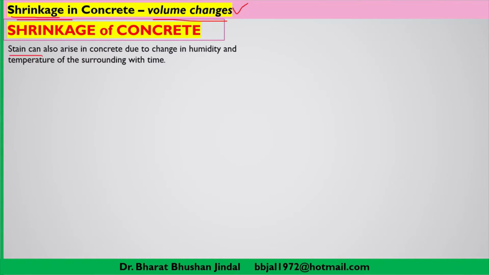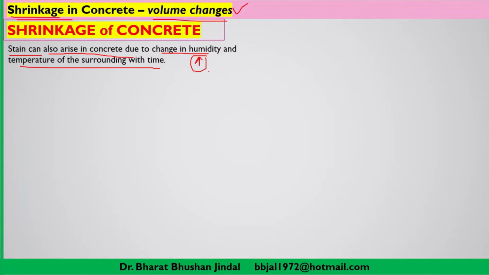Now let us understand. Strain can also arise in concrete due to change in humidity and temperature of the surrounding with time. You are aware that when a structural element is constructed in any type of building, an RCC type of structure, you can easily understand that with the change in duration and time, even during the day and night, you will find some temperature variation.